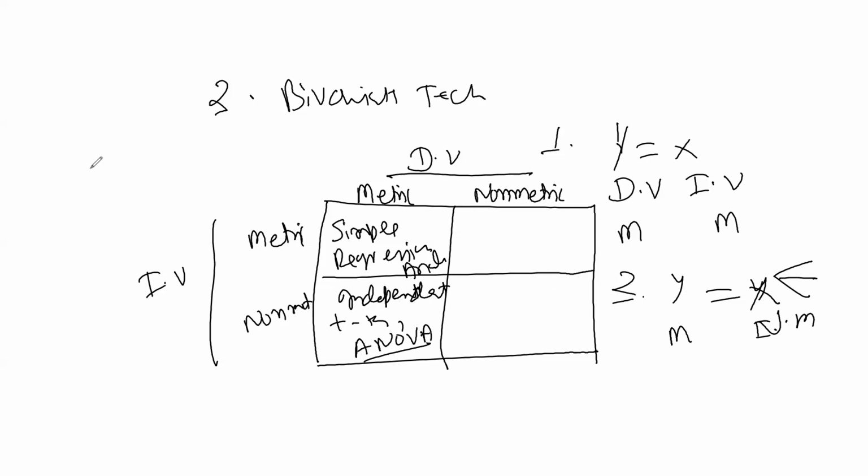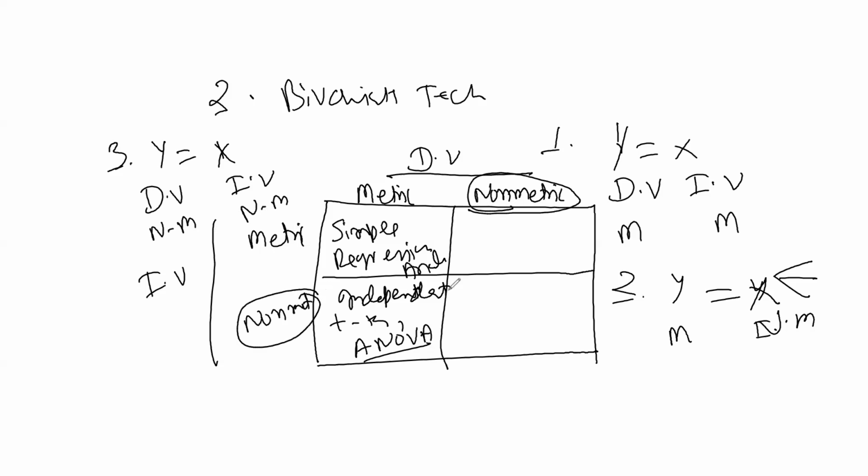Same as if my dependent variable and independent variable, my DV and IV, both are non-metric, meaning categorical, then I will use only the chi-square test.